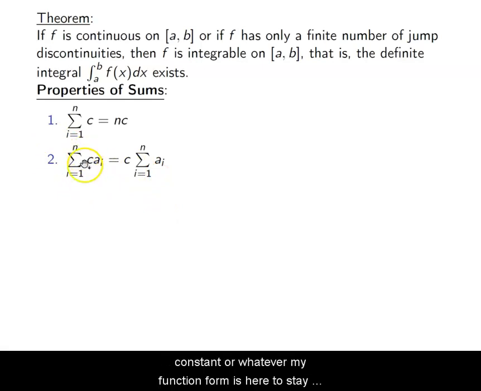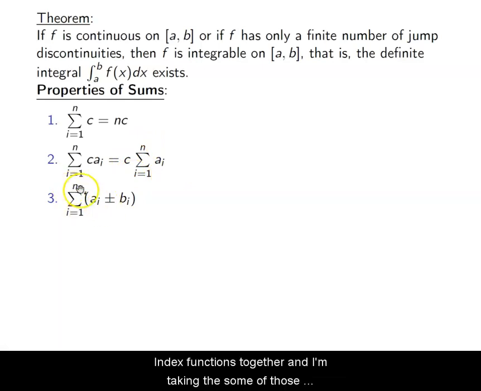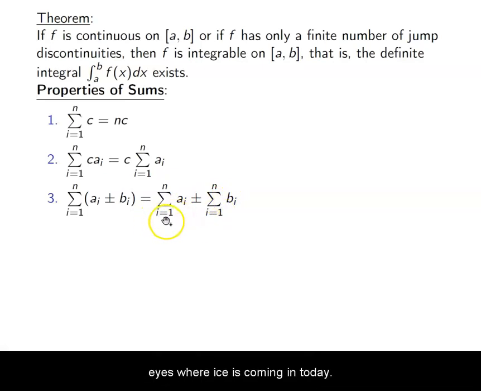So if I have a constant multiple of whatever my function form is here, this a sub i, I can pull out the c. Here, if I'm adding two different index functions together, and I'm taking the sum of those, then I can separate that into two separate sums, right? So the sum of these a sub i's plus the sum of these b sub i's, where i is the counting index.